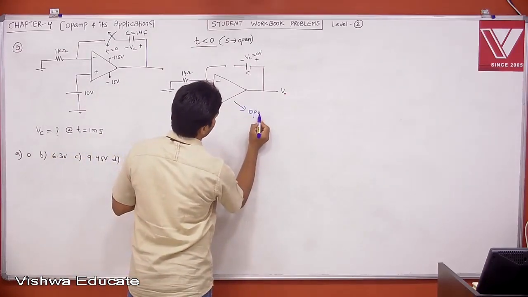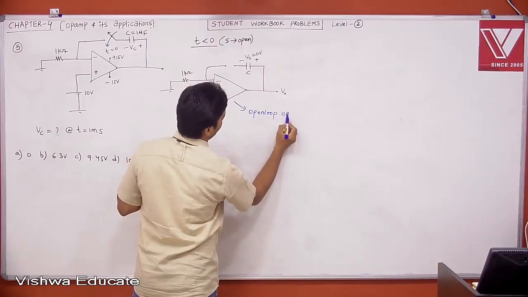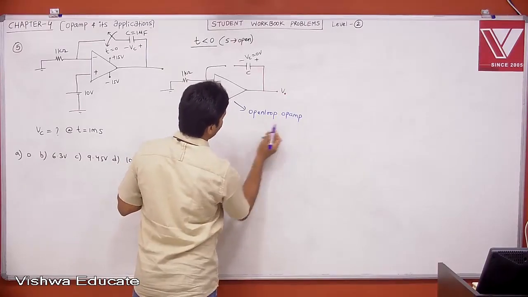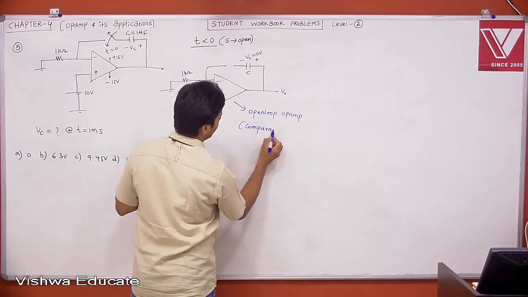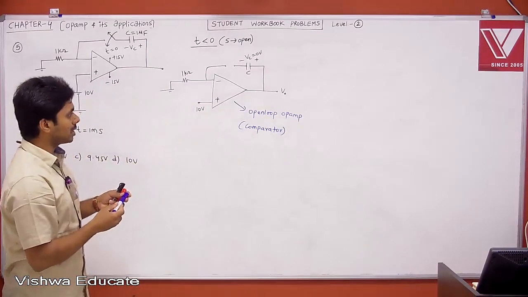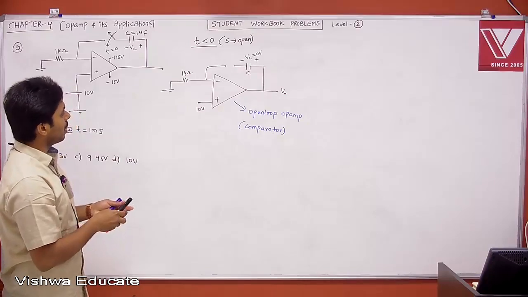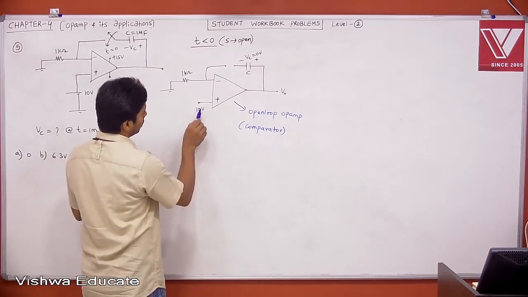This is an open loop op amp, therefore it is a comparator. When I say comparator, it compares the voltage between minus and plus, then based on that it will respond and give you the output voltage. Now tell me, which is more? What is the voltage? Don't apply the virtual short concept. Don't say that this is 10, this is 10.